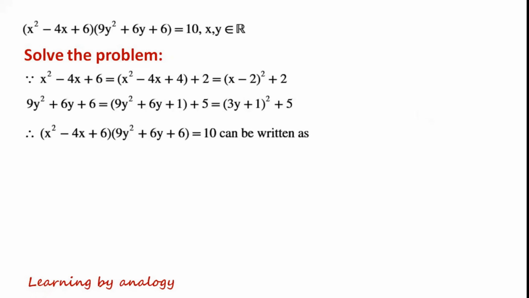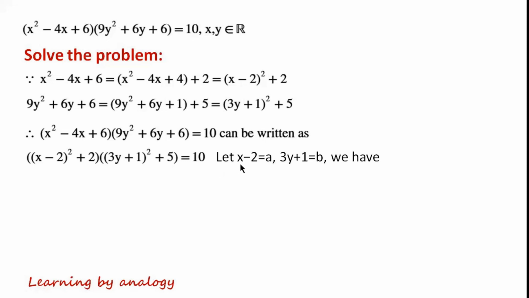So x squared minus 4x plus 6 times 9y squared plus 6y plus 6 equals 10 can be written as x minus 2 all squared plus 2 times 3y plus 1 all squared plus 5 equals 10.